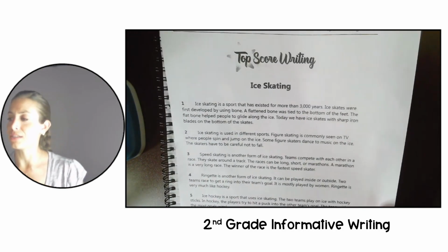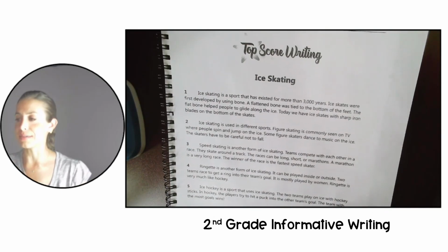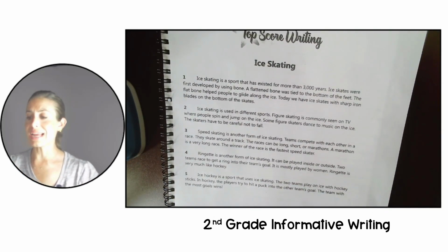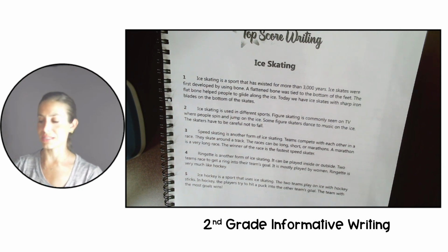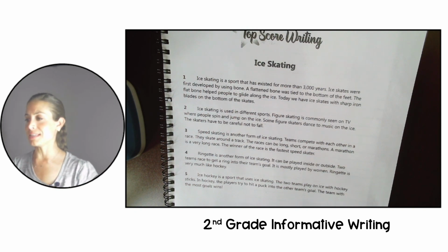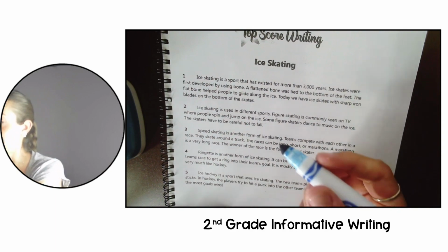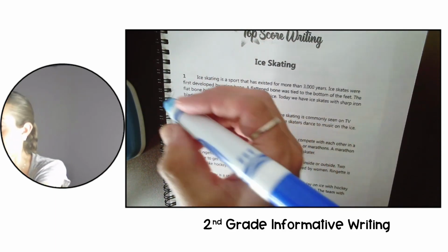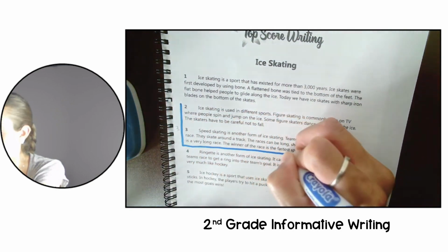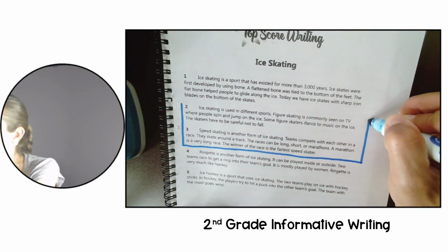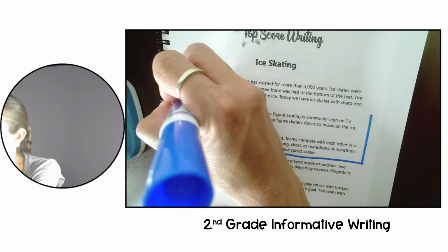And the first passage that you read was called ice skating. And so I need to find 3 major topics about sports that I want to teach my reader about. So in these paragraphs, the second and the third, I noticed that it was talking about skating sports.